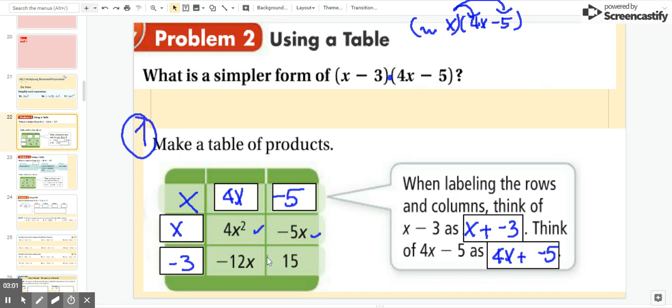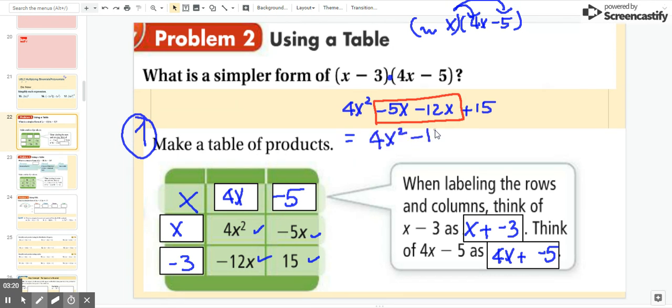So these are the terms that you will get after you multiply them. We're going to put them in order: 4x squared minus 5x, minus 12x, plus 15. Are we done? We need to simplify the like terms, combine the like terms. That's going to be 4x squared minus 17x plus 15. Put it in the calculator if you don't know how to do it.